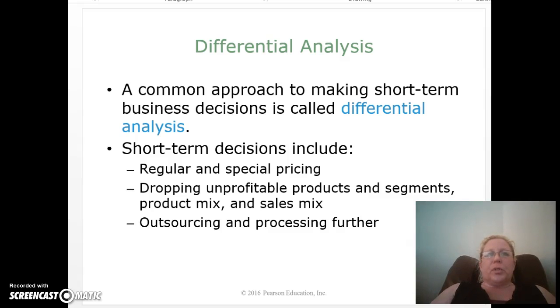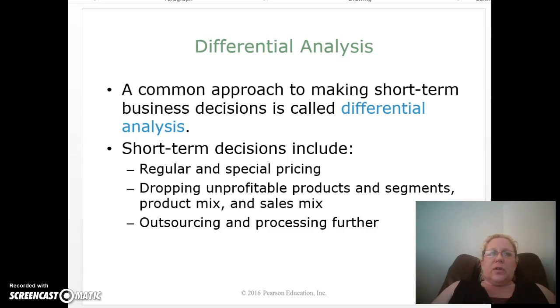A common approach to making short-term business decisions is called differential analysis. Differential analysis is a method that looks at how operating income would differ under each decision alternative. It leaves out irrelevant information. In this approach, the emphasis is on the differences in operating income between the alternative approaches.